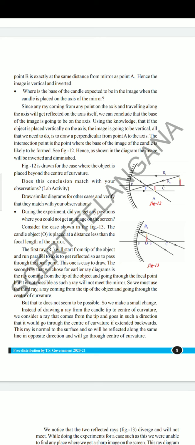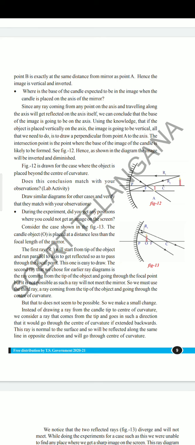The intersection point is the point where the base of the image of the candle is likely to be formed. See figure 12. Hence, as shown in the diagram, the image will be inverted and diminished. Figure 12 is drawn for the case where the object is placed beyond the center of curvature.